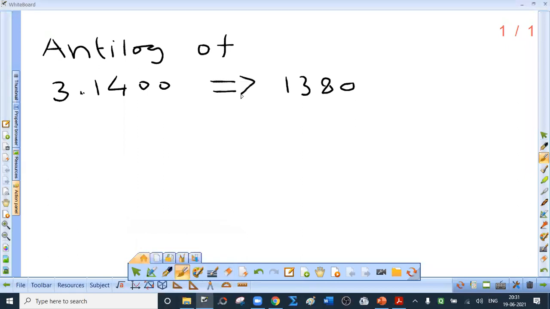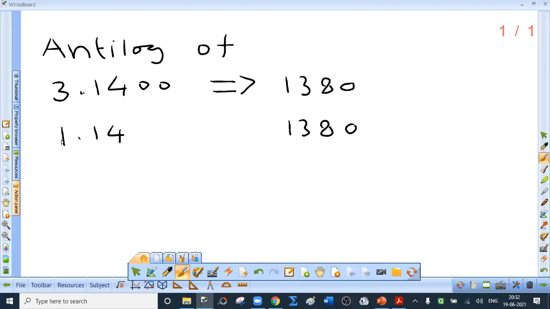This. Now, interesting. See, I'm changing what? I'm changing only characteristic. This part remains the same. So you will notice that we get same 4-digit number 1380. Why? Find the number which is in row 0.14 and column 0, 1380.